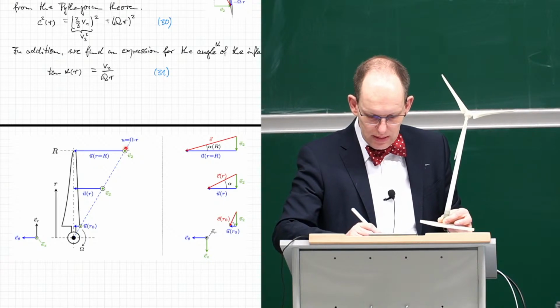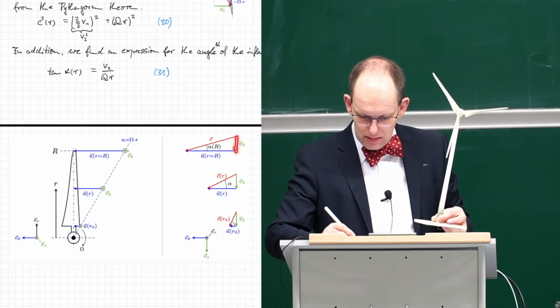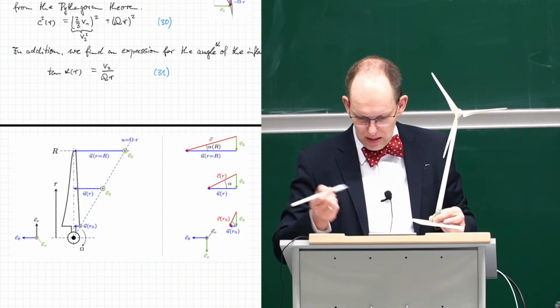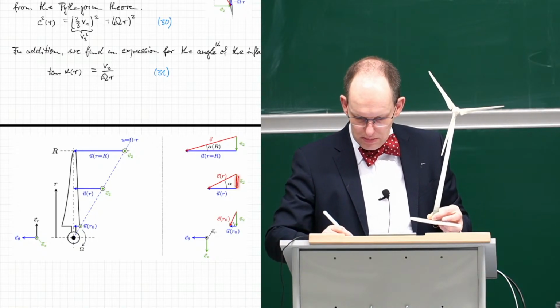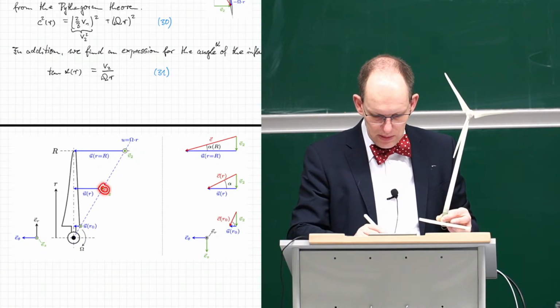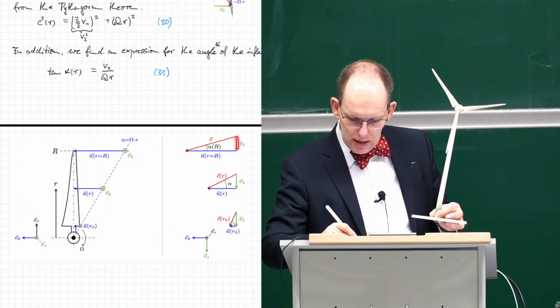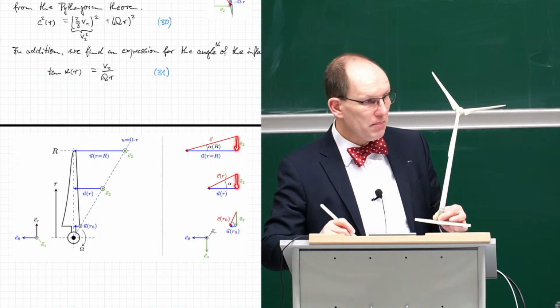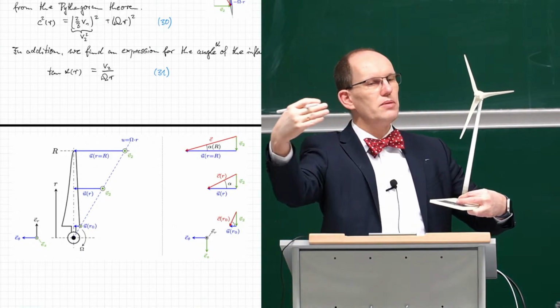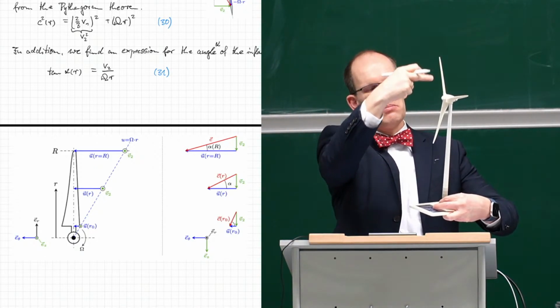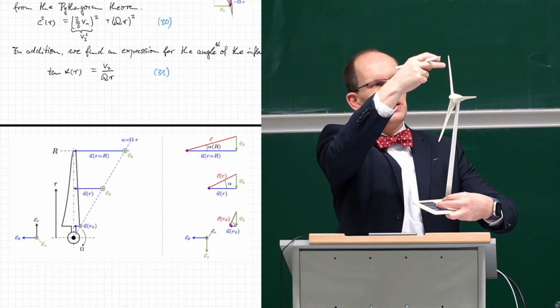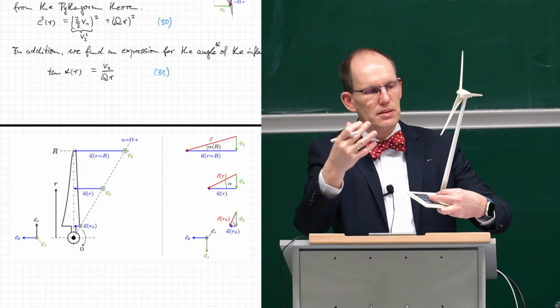You see this thing here as this arrow, and this here as this one here, and so on. And what you see is that this is, of course, always the same, because the wind doesn't know about the blade.